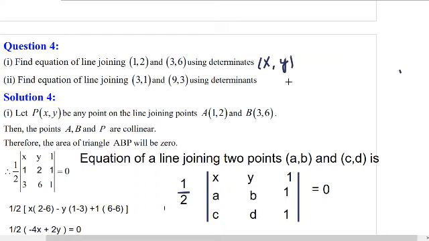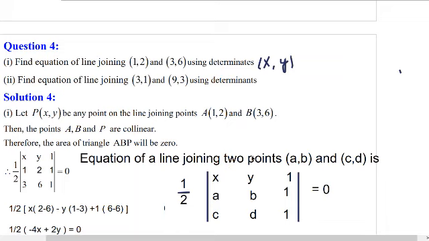Okay, so again by the same concept we'll say equation of the line joining can be made like this: x y 1, this point, then second point 1 2 1, and then third point 3 6 1, right?